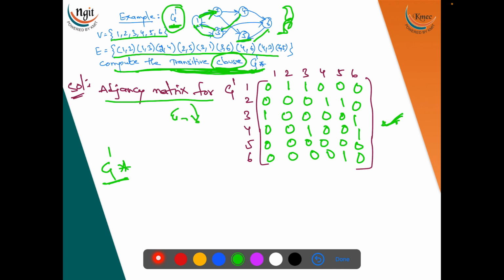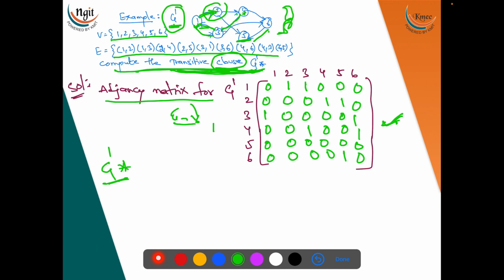If V is reachable from U, then we mark it as reachable, closer from one vertex to the other, and we'll mark it with 1. Maybe we will not see the direct edge. Look at this 1 to 4, there is no actual edge, the direct edge from 1 to 4 is not there. But 1 is reachable to 4 through 2. So we'll perform a sequence of rounds to find out which vertices are reachable through which vertex. That I'm going to see.